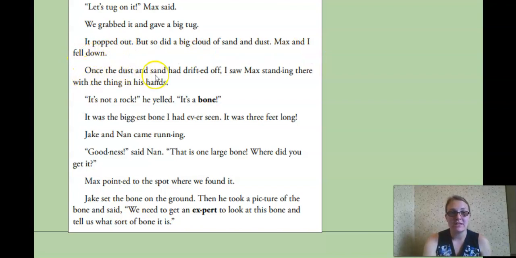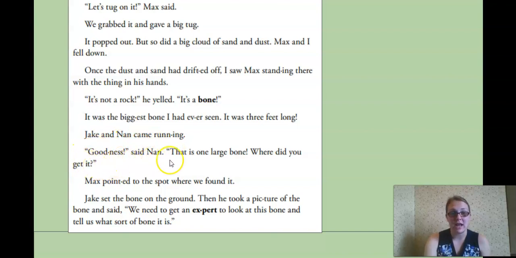Once the dust and sand had drifted off, I saw Max standing there with a thing in his hands. "It's not a rock," he yelled. "It's a bone." It was the biggest bone I had ever seen. It was 3 feet long. Jake and Nan came running.